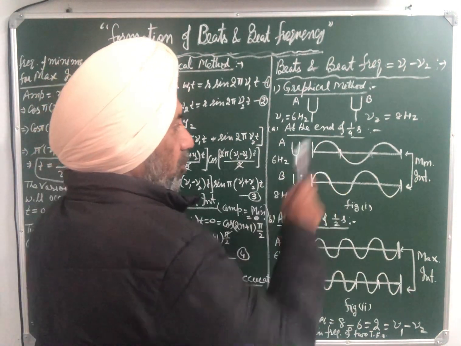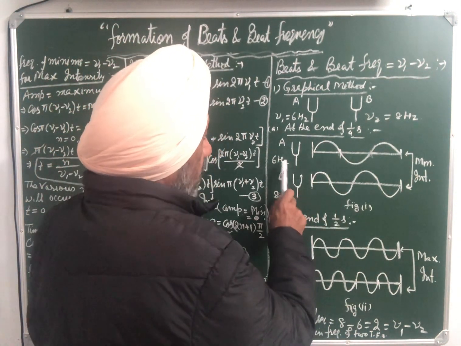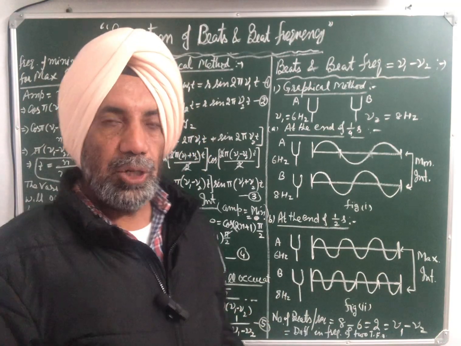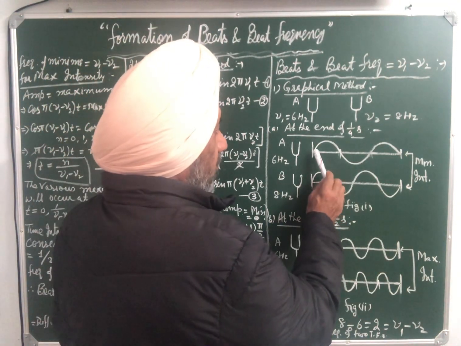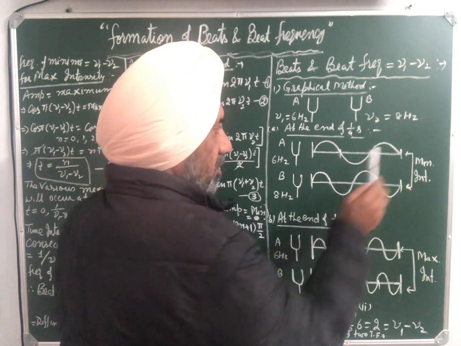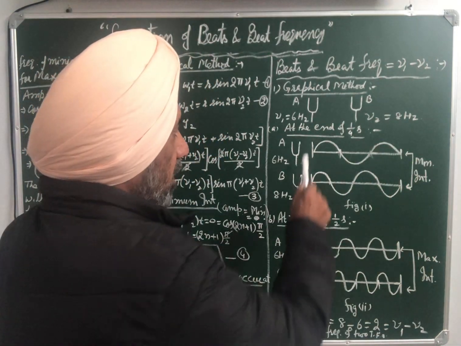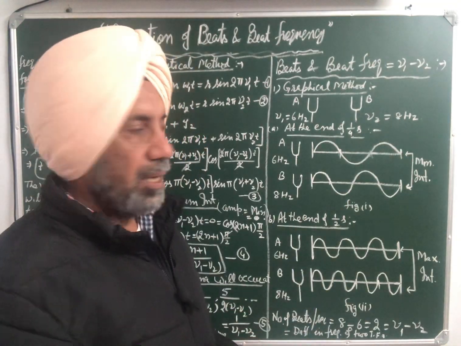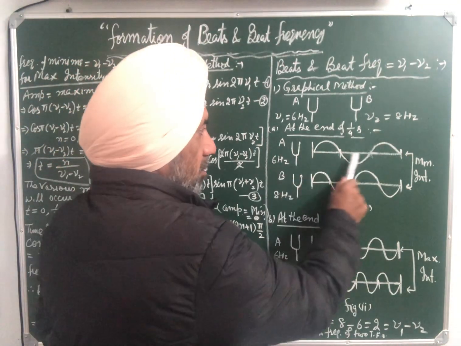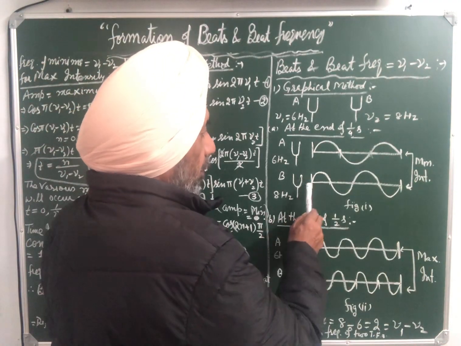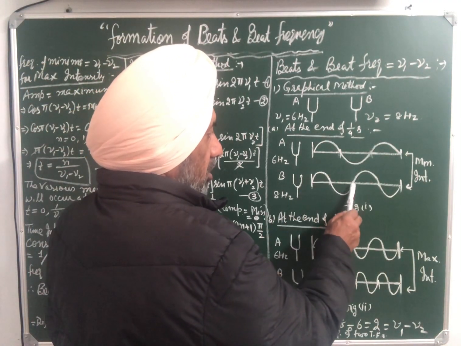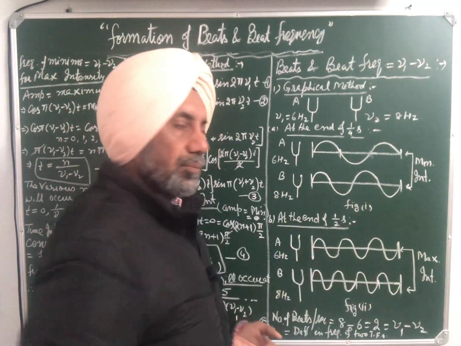Now at the end of 1/4 second, how many waves will be produced by tuning fork A? 6 times 1/4, that is 3/2. So we get one crest, one trough and one crest. Suppose at the end of t equal to 1/4 second, the 6 Hz tuning fork will produce 1.5 waves. Tuning fork B will produce 2 waves, 1, 2.